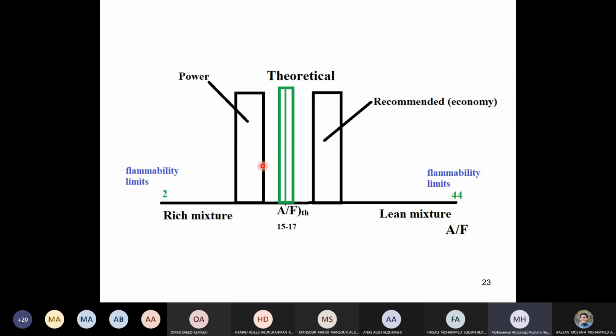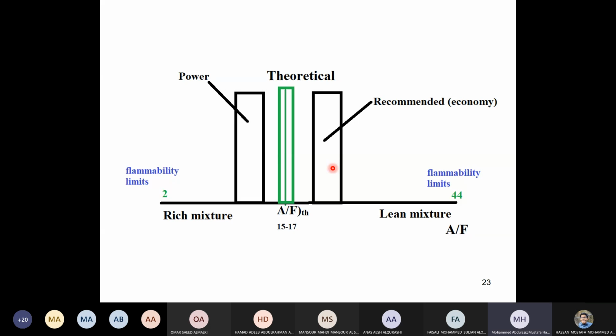If I compare Faisal with Muhannad, for example, Faisal has his car in this region, meaning he has more fuel in his engine, and Muhannad has more air in his engine, so in this case Faisal gets more power.